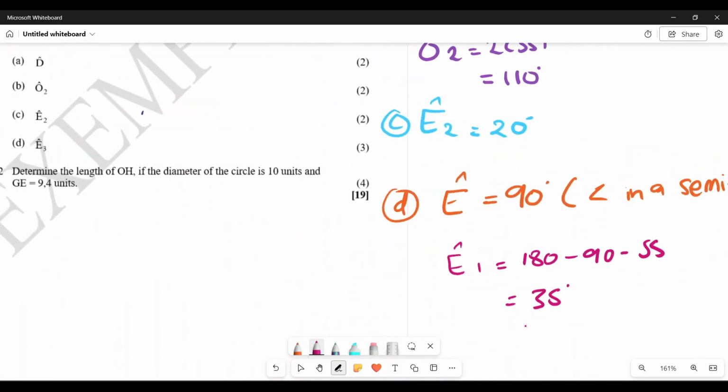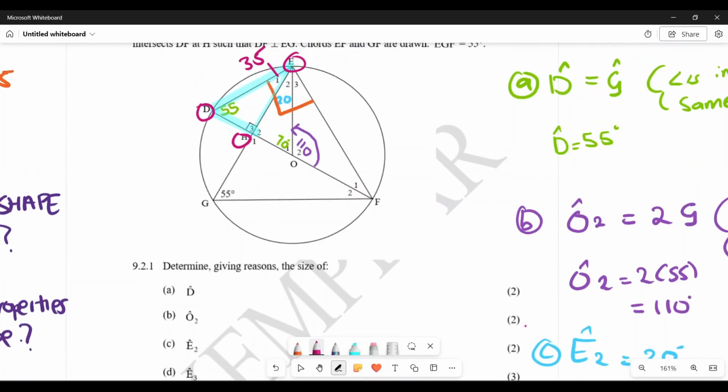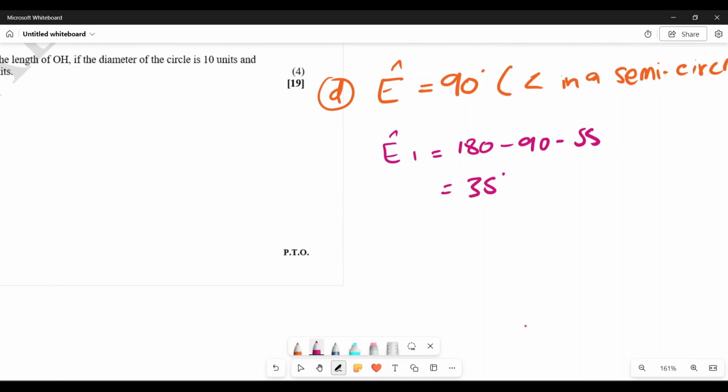Now, remember, all these angles combined, E1, E2, and E3, they need to add up to 90 degrees, right? So as a result, I'm going to write that statement here. So E1 plus E2 plus E3, they're going to add up to 90 degrees. And we said the reason here, right, above. These are angles in a semicircle.